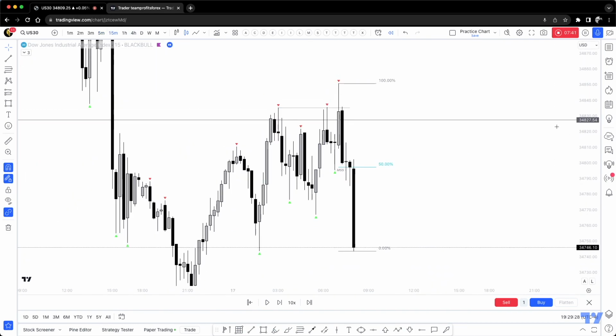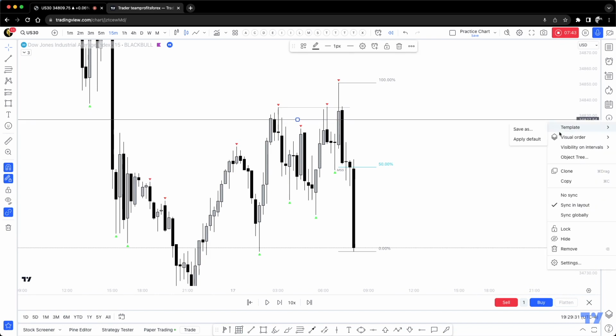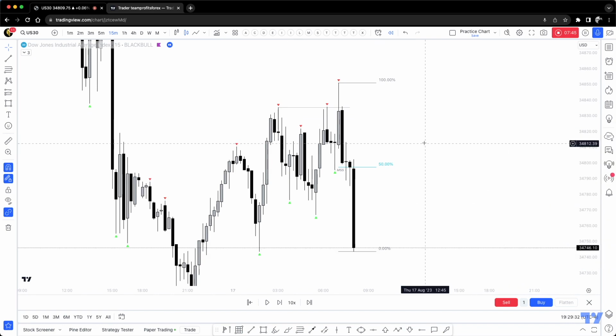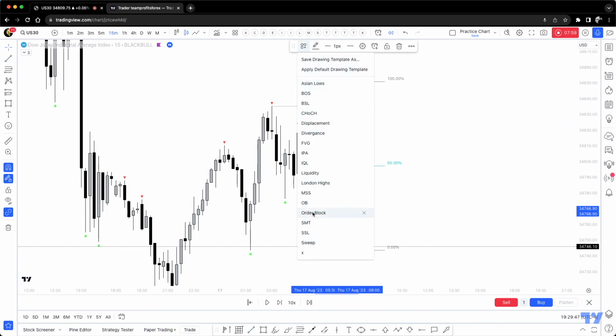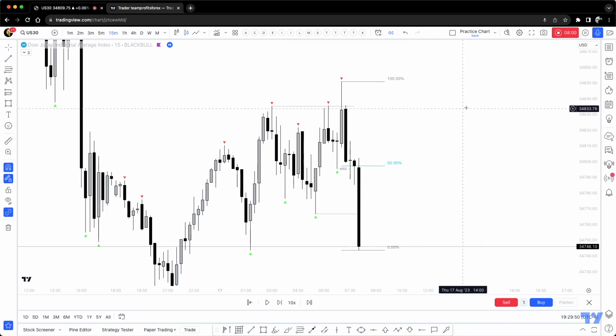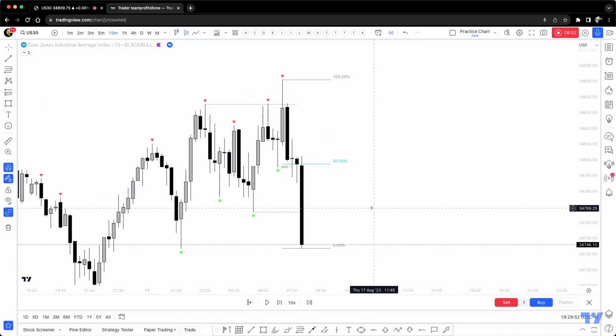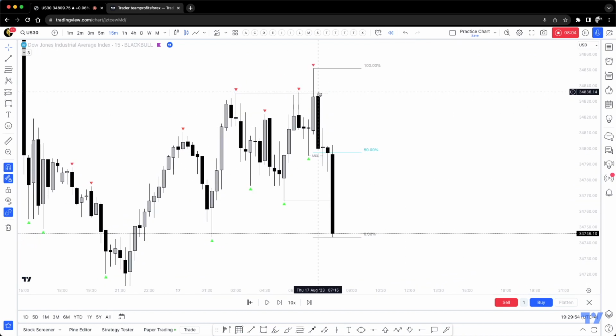Yeah, look at this. Here we actually have on the 15 minute what looks like another market structure shift right here, on this time frame. So what are we waiting for?